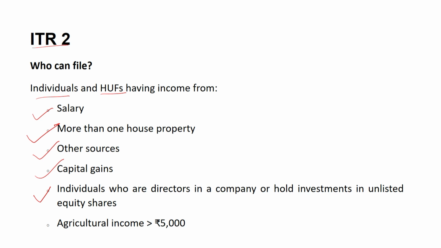Individuals who are directors in a company or hold investment in unlisted equity shares and have an agricultural income of more than 5,000 rupees, all these categories of assessee may file their return with the help of ITR2.